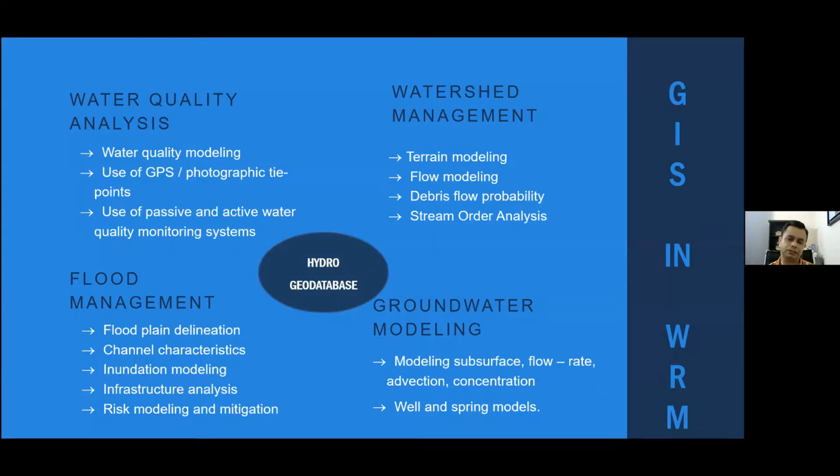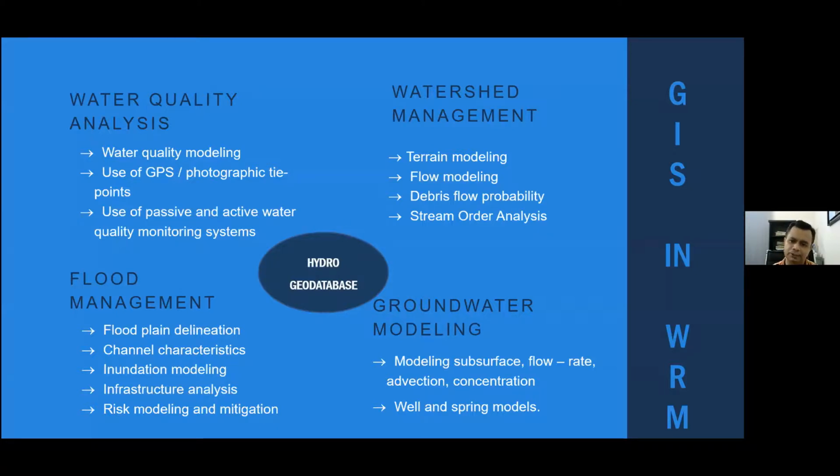So what can a hydro geodatabase do for water resource management? We have many aspects that we can resolve or analyze in a GIS platform. But here is a summary of some issues that we can handle in a GIS platform.